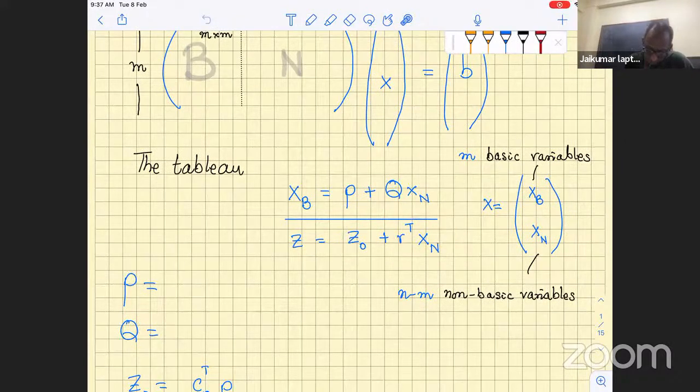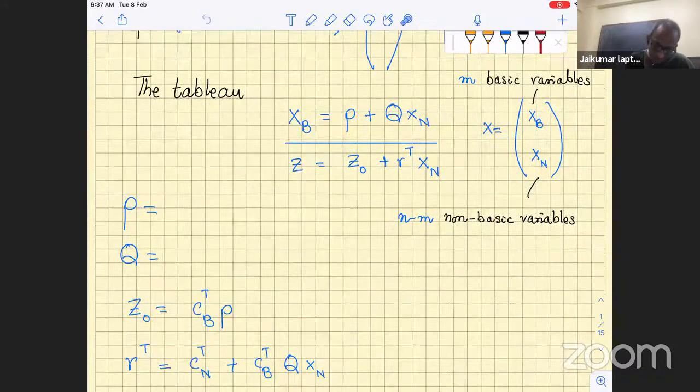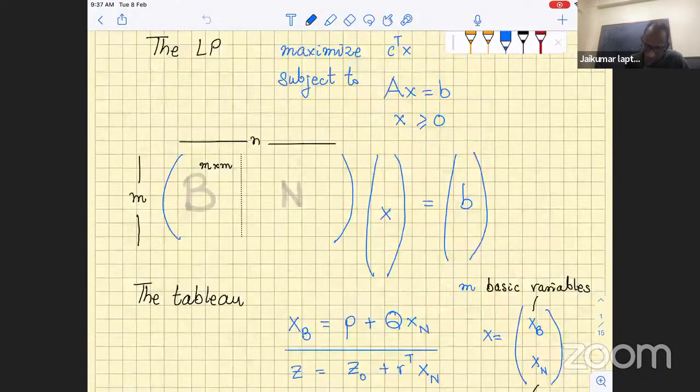Okay, so just to make sure that we understand what is happening, what should be this P? So if we know the B, what would we do? Okay, so we would take a part of AX to the right, and then we would have B times XB. Yeah, B times XB will remain on the left, but then we want only XB on the left, so we will multiply both sides by B inverse.